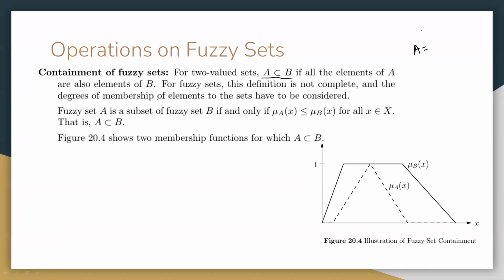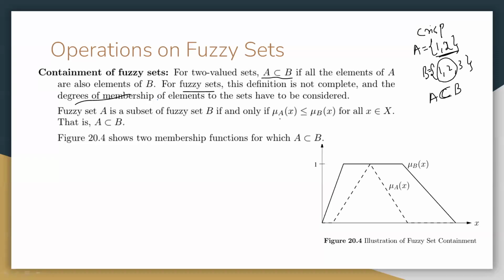Say, for example, in a crisp set, if you have A equal to 1, 2 and B equal to 1, 2, 3, you can say A is a subset of B, because all the values in A are available in B also. That was the basic idea. But when it comes to a fuzzy set, this is not complete. We also have to look into the degrees of membership.